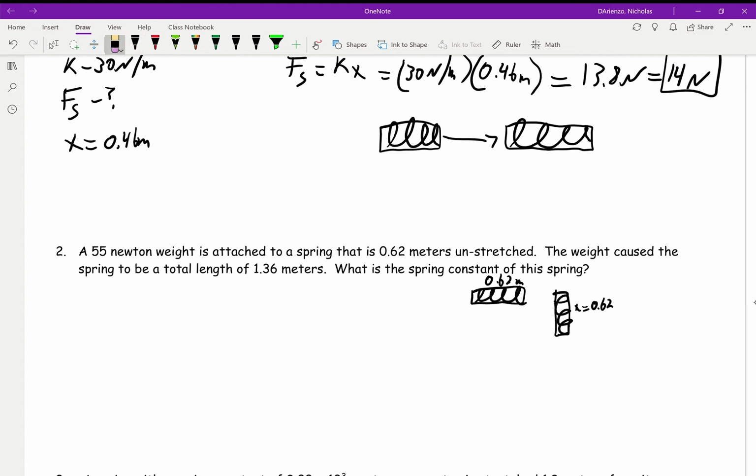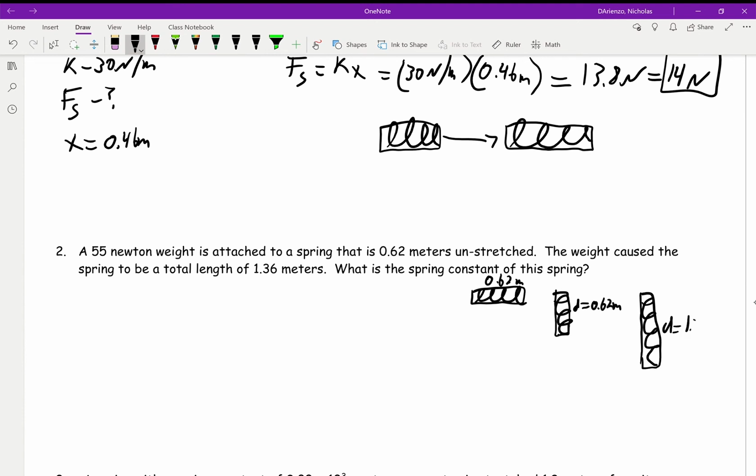I'm not going to want to call that x. Let's call that a distance of 0.62 meters. We have a weight that's hung onto the spring, which causes this spring to elongate based off of having a weight attached to the end of it.